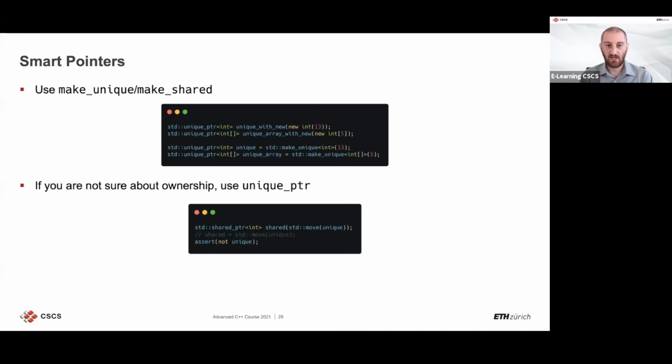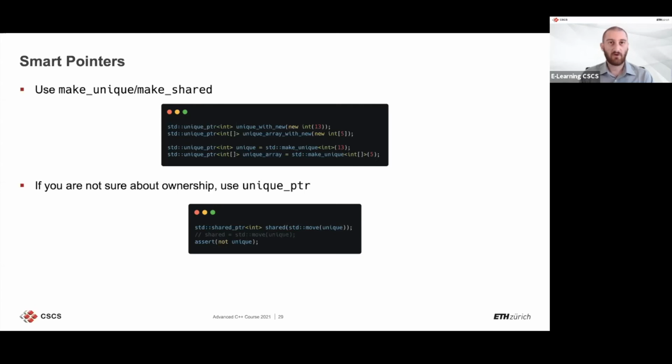So with make_unique, you can have this helper. And in general, if you're not sure about the ownership, use unique pointer, because you can always move from unique to shared, but you cannot do the opposite.